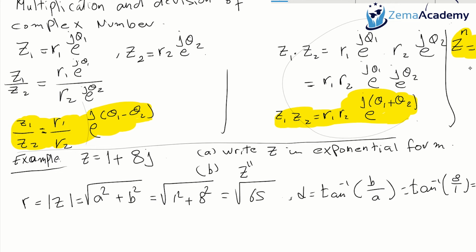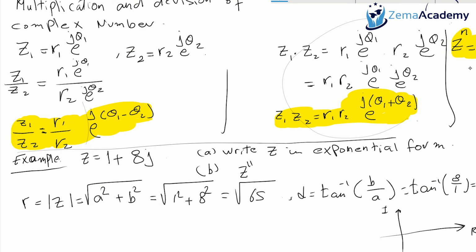Now, you find alpha, and you need to find theta, and theta depends on the location of the complex number within the 2D domain, which means which quadrant it is in.